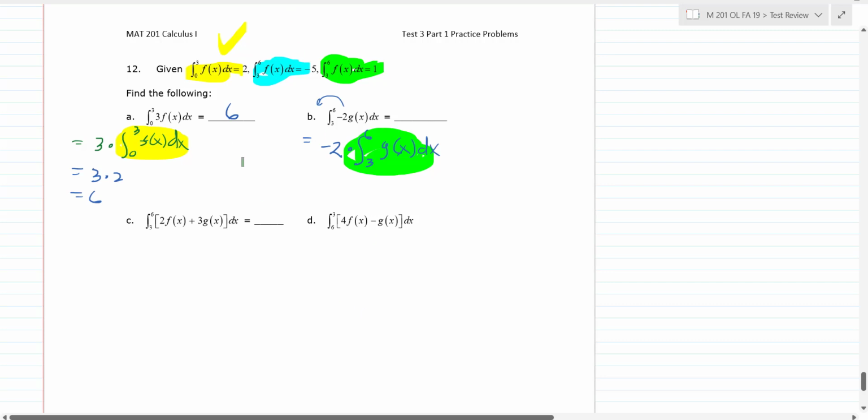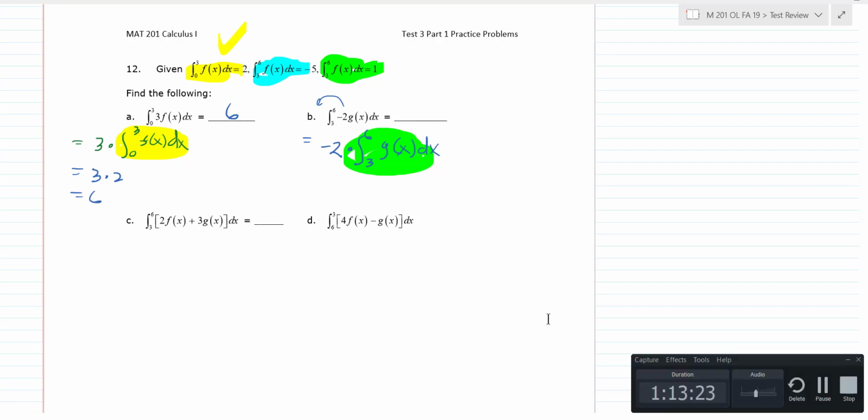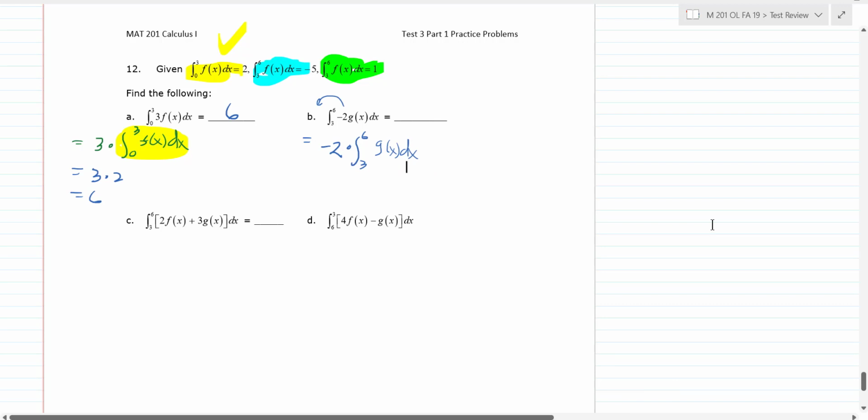I'm wondering what my mistake was on here. I suspect that this was intended to be g of x dx. Obviously that's what I meant, so let's change that to g of x. To finish this problem, we'd have negative 2 times 1, because that matches up. The integral from 3 to 6 of g of x dx is 1, so the answer to that problem would be negative 2.